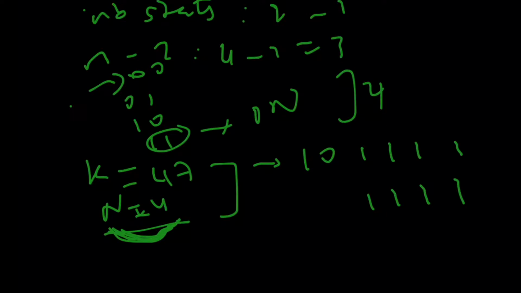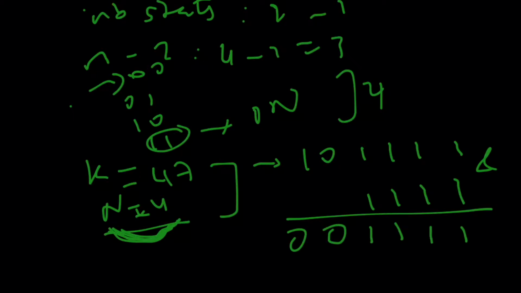So we can do a bitwise AND operation and get the value that we want. If we do the AND operation here, we have 1 1 1 0 0.